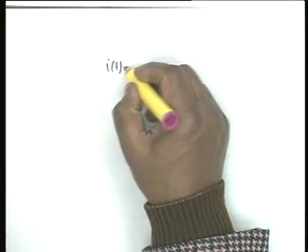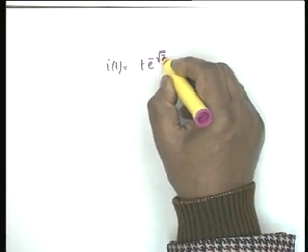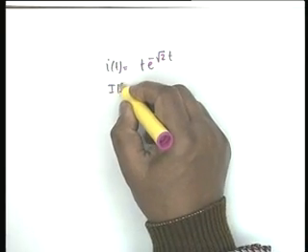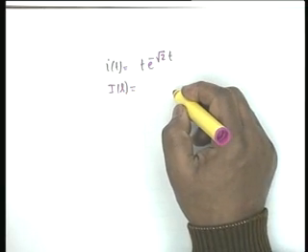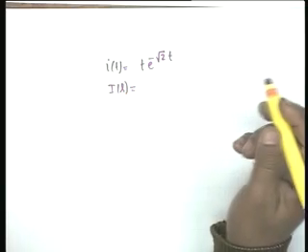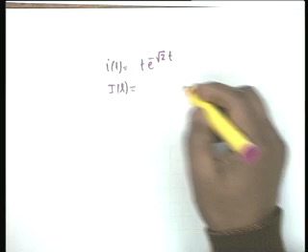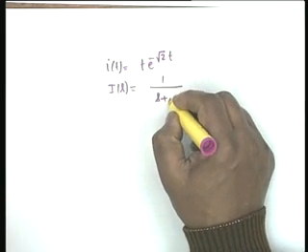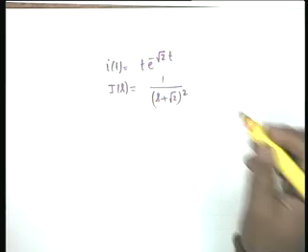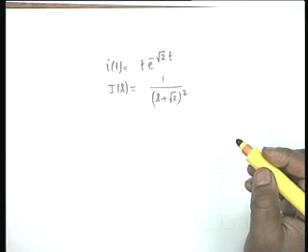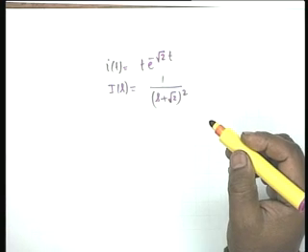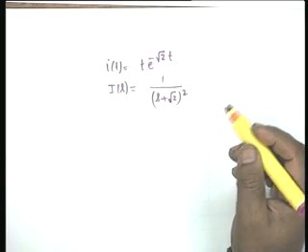I of t equal to t e to the minus root 2 t. So, what is capital I of s? 1 by s plus root 2 whole square, that is absolutely correct. Does this require consulting a table? No, you should remember this.